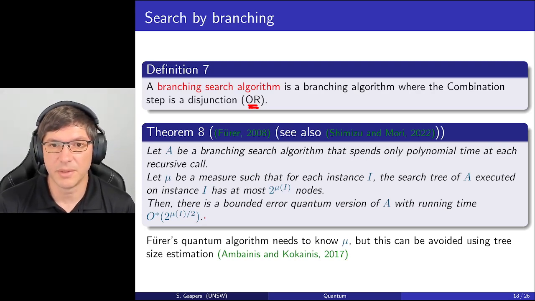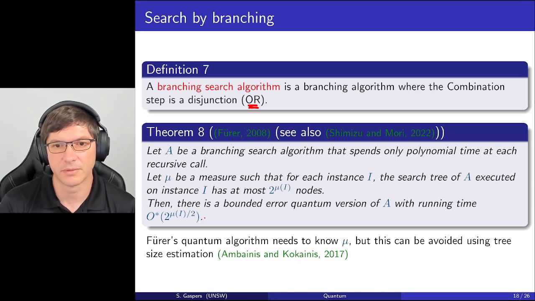So we get a quadratic speedup instantly for branching search algorithms. Classically, we would need 2 to the power mu of I time, but now in the quantum world, we need 2 to the power mu of I halved time.